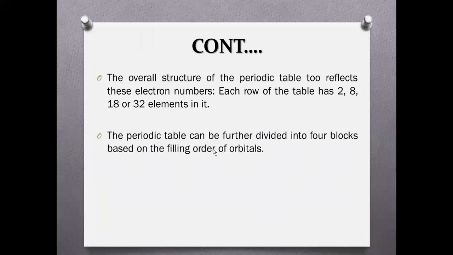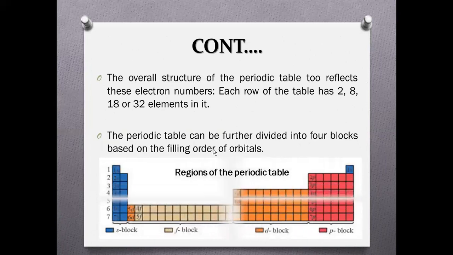So the periodic table can be further divided into 4 blocks. You can see that it ends with 2, 8, 18 and 32. So therefore, they have discovered the regions of the periodic table. Yes, this is your region, guys.